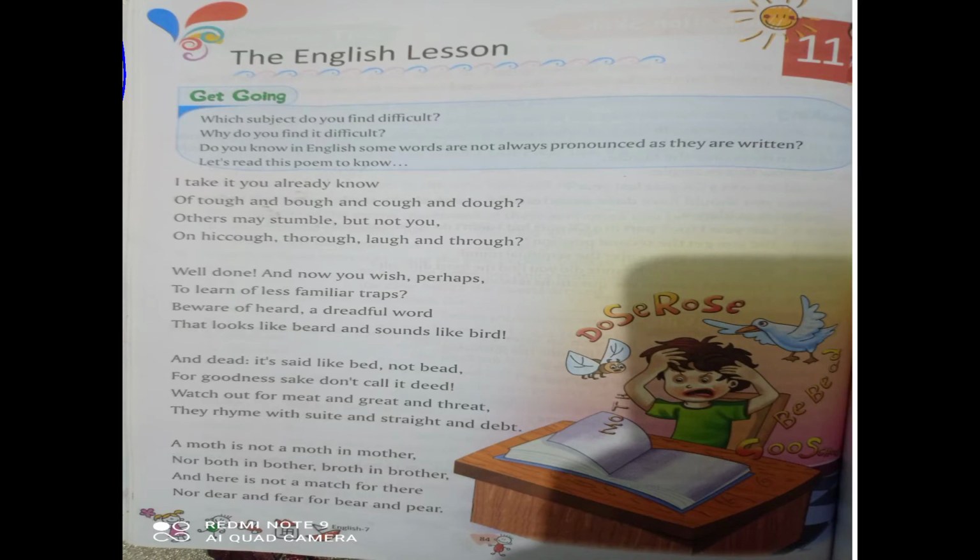Tough and cuff have the same sounds, है ना? They have the same rhyming in the last, but bow and dough have the same sounds also. OUGH is coming in the last of all, but we are pronouncing and reading them differently.